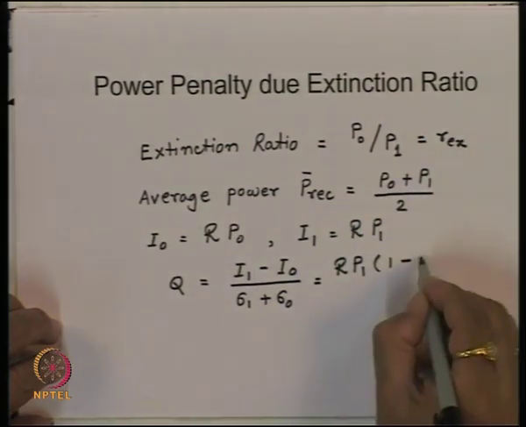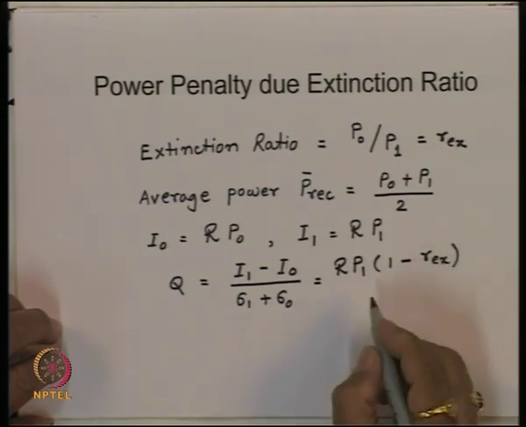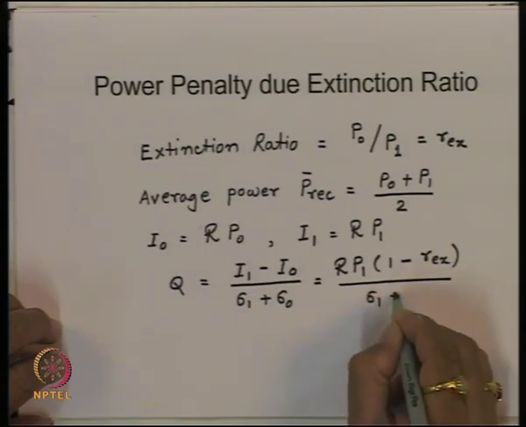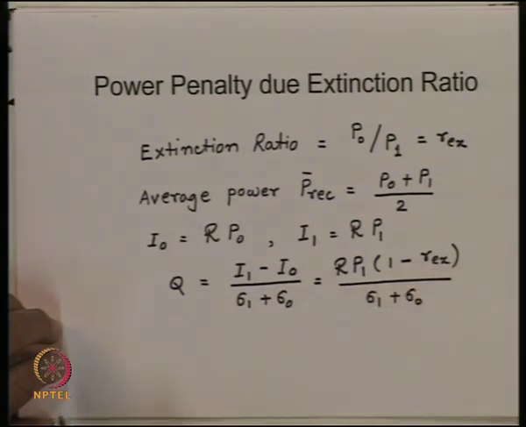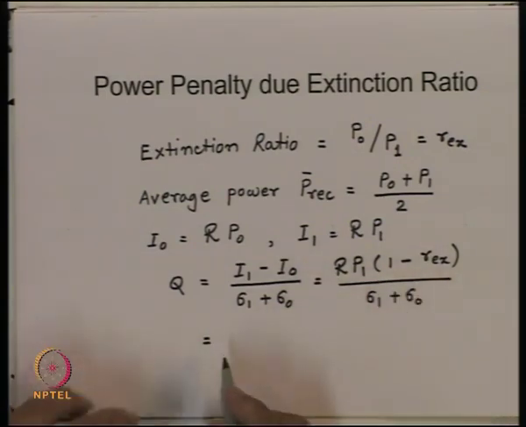So, we have this quantity REX divided by sigma 1 plus sigma 0. If you substitute in terms of the average power, then this can be rewritten.